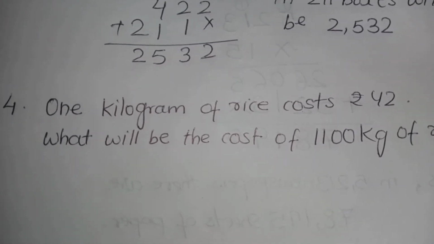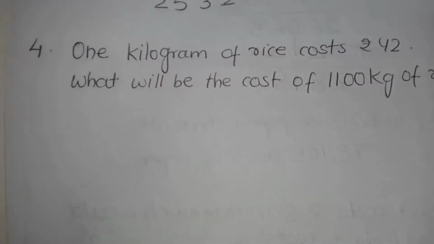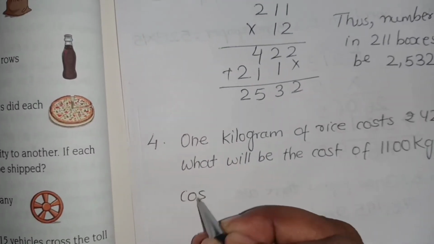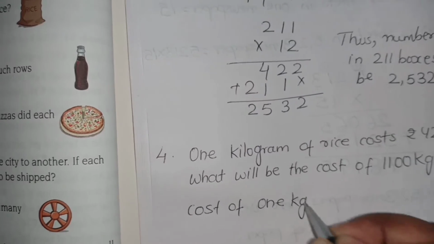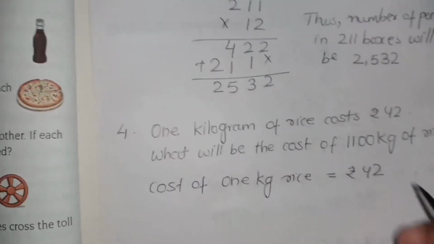So now let's do it step by step. So now let's write. Cost of 1 kg rice equals rupees 42.